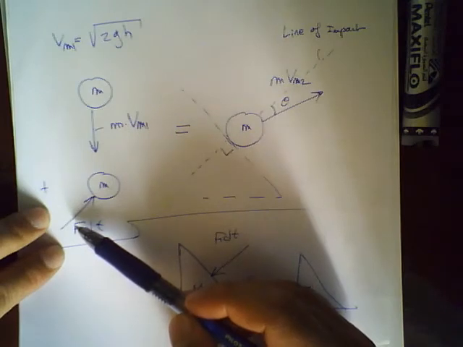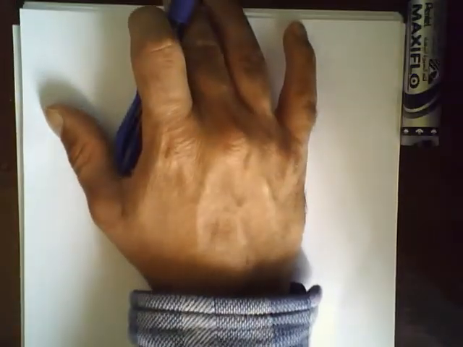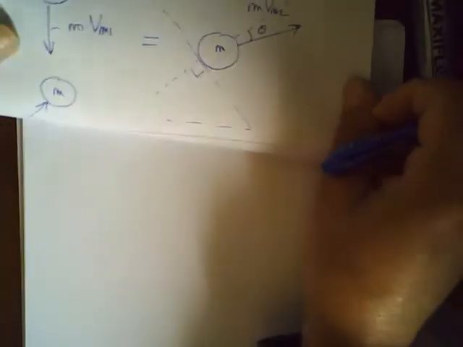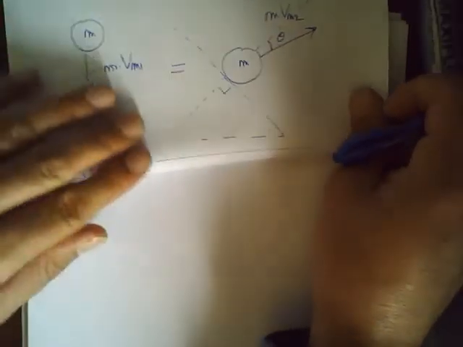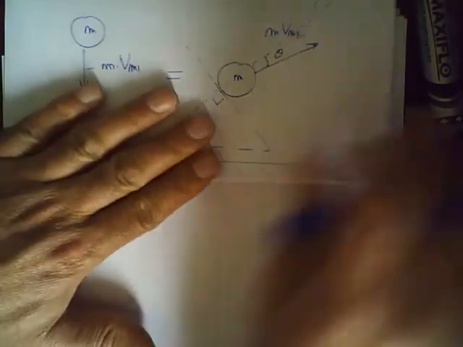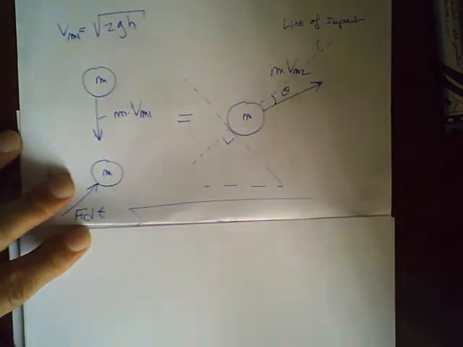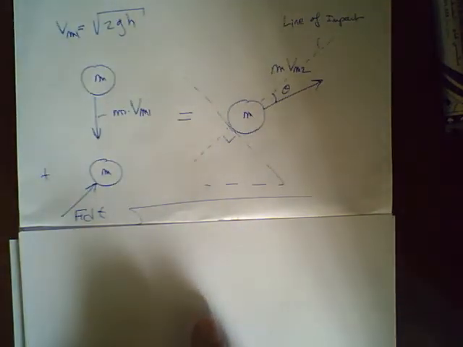So I'm going to begin by summing the momentum or the impulses of this guy in the direction of the line of impact, right? And if I do this, so you can see it. Alright, so if we do this, what do you get?